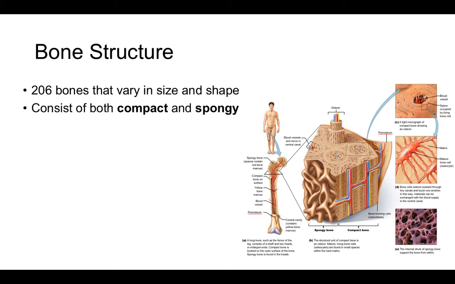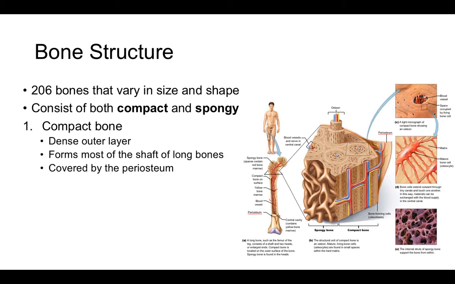They consist of both compact and spongy bone, and this is in proportion to the bone size and the function of the bone. So compact bone, the first type, has a very dense outer layer and forms the shaft of the long bones.